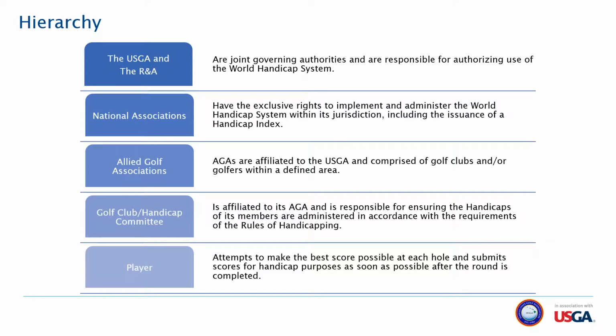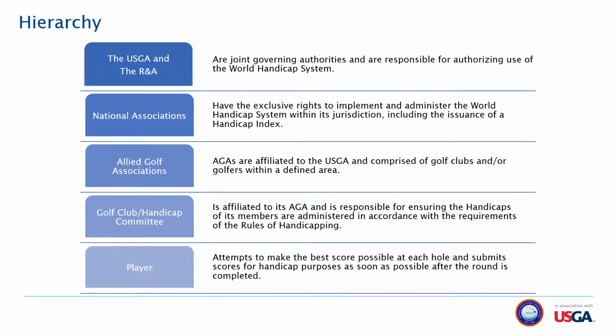Next is the Allied Golf Associations, and these regional golf associations have specific responsibilities within the World Handicap System, and may be delegated additional obligations down from the USGA. Next is the Golf Club and Handicap Committee, and they are established by a golf club and are responsible for ensuring compliance with the golf club's specified obligations and responsibilities under the rules of handicapping.